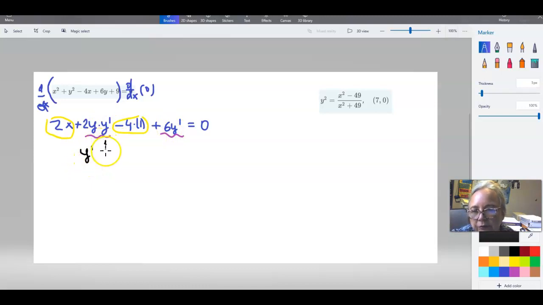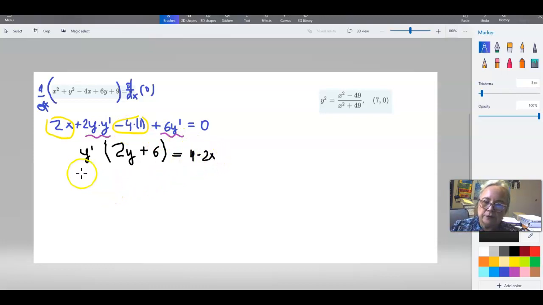If I factor out y prime, in parentheses I will have 2y left from here, and here I will have 6. On this side I will have positive 4 subtract 2x. So we subtracted 2x to move to this side, and we added 4.